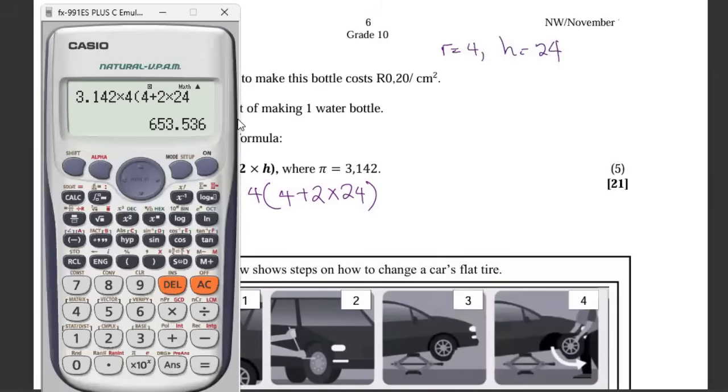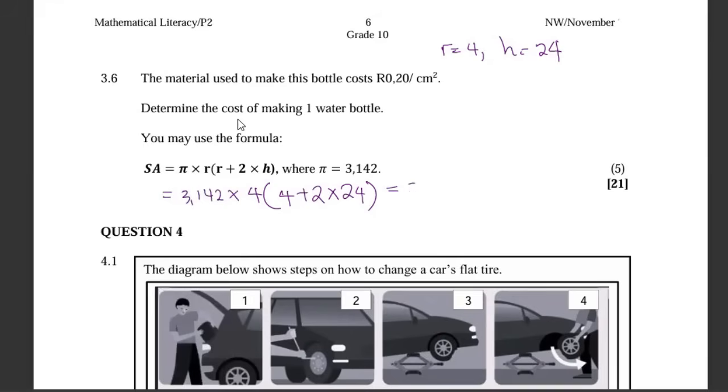So it becomes 653,34. These are centimeters squared.